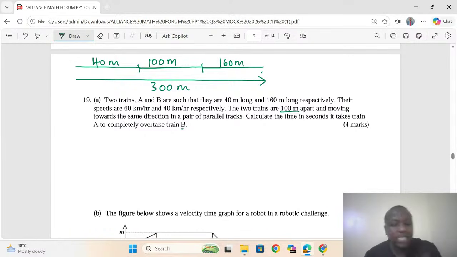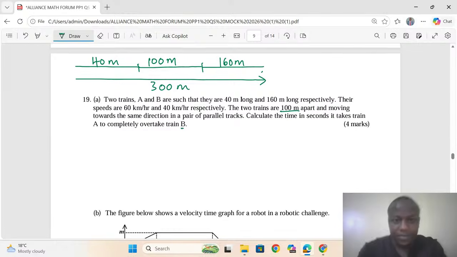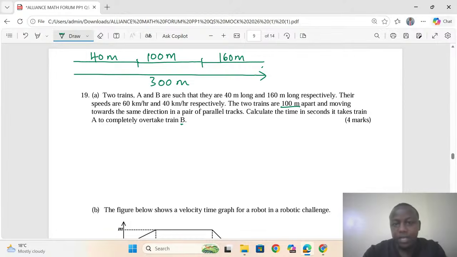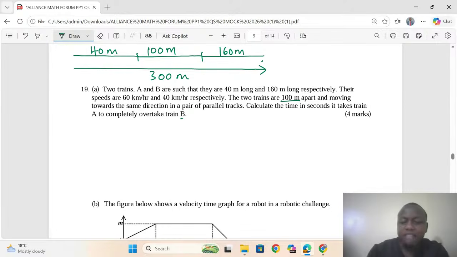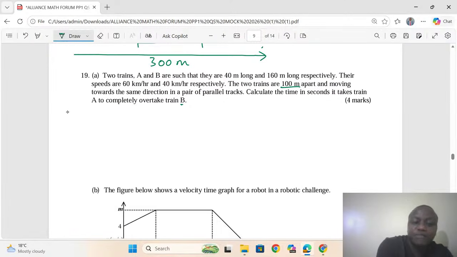Underline the words completely overtake train B. So in a case like this, we're supposed to know that the time train A is moving, B is also moving. And for that reason, we start talking about the concept of relative speed.